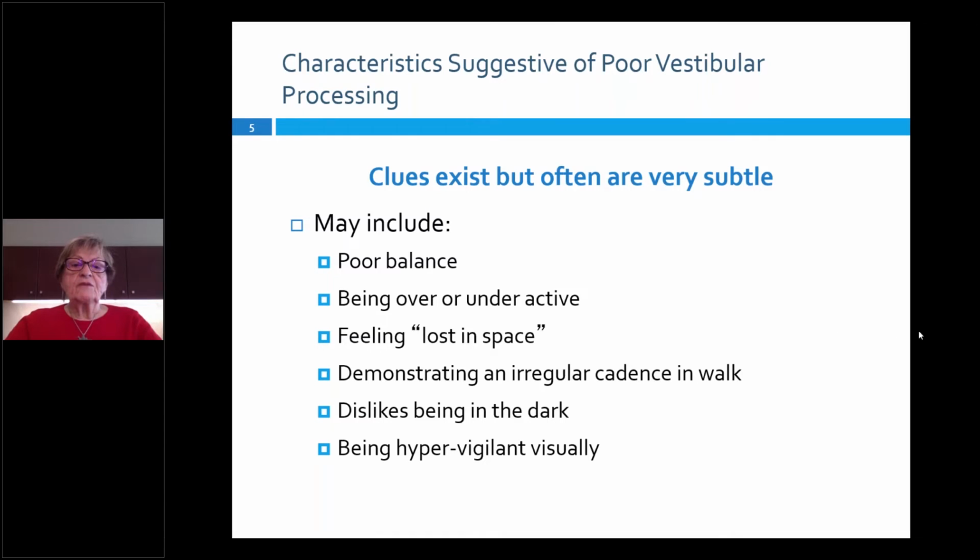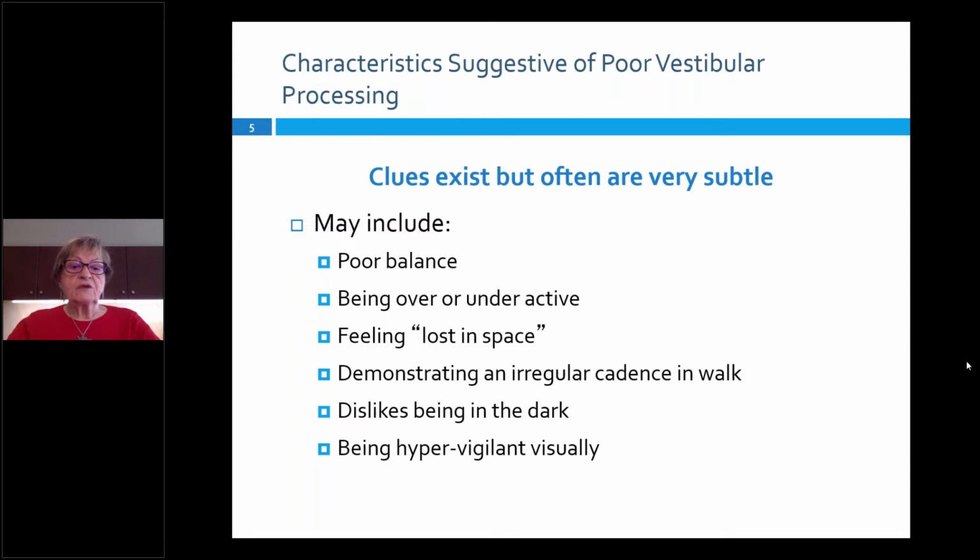So when we don't have good vestibular function, a lot of times that isn't identified as being the primary or underlying problem. So we have to rely on behaviors that are visible, that we can see.